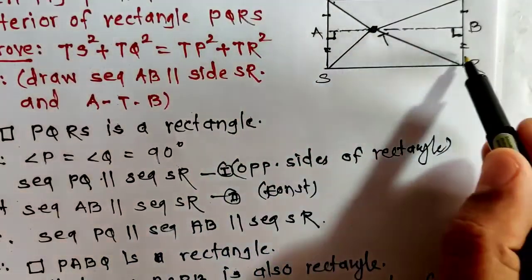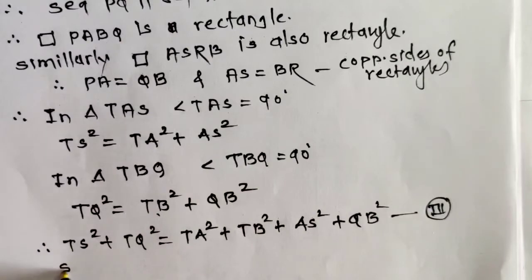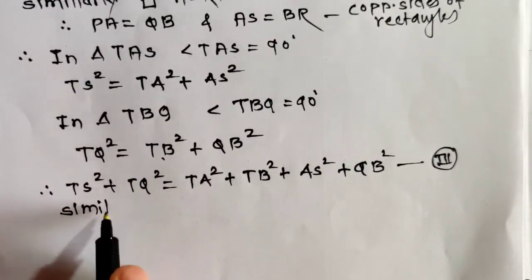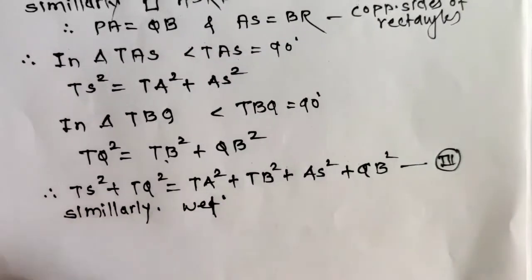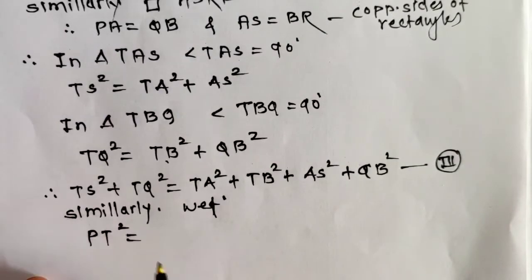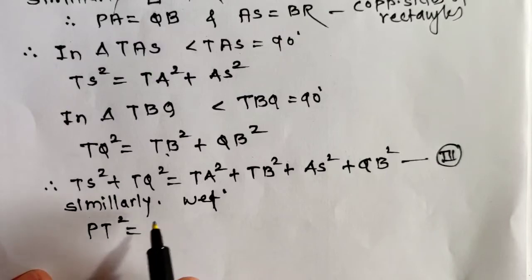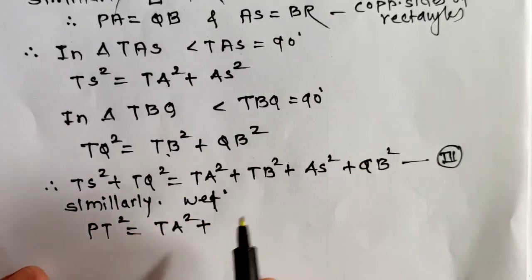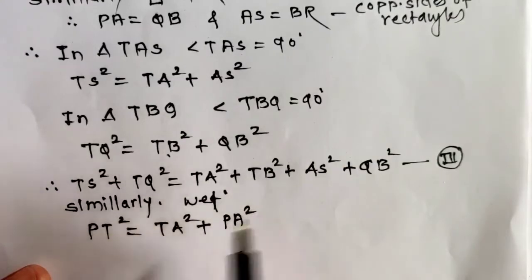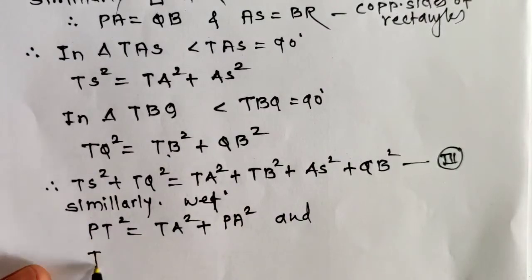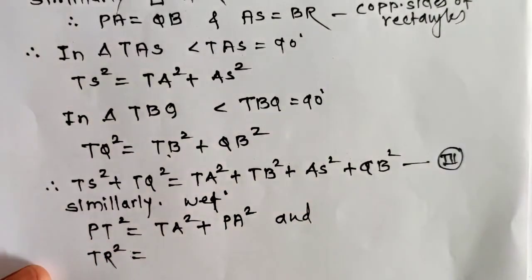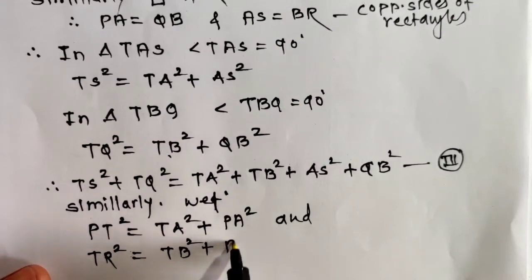Now use the same Pythagoras theorem in triangle PTA, and similarly we get PT square is equal to, from the figure, TA square plus PA square, and this TR square is equal to, again using Pythagoras in the fourth triangle, TB square plus BR square.